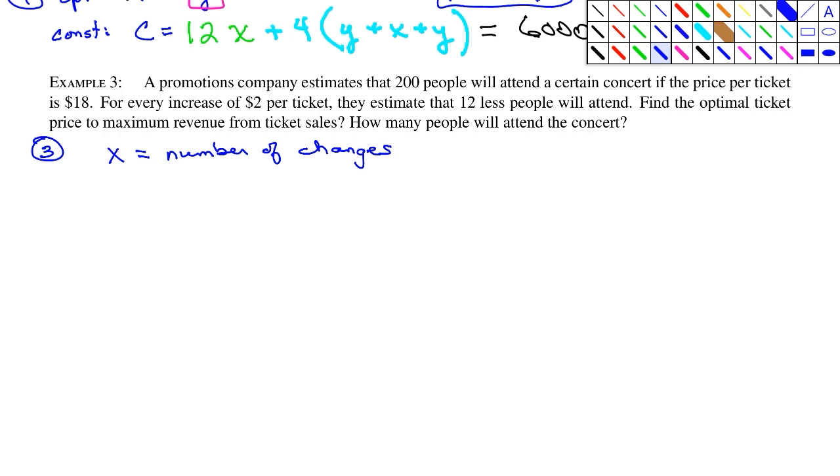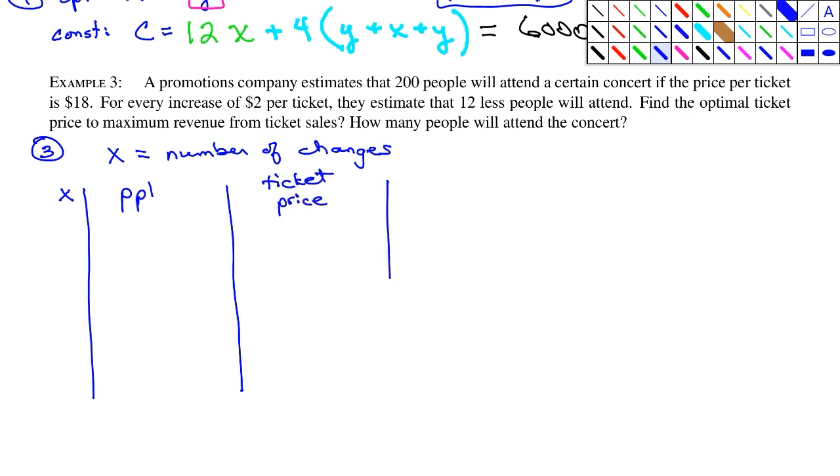Okay, so I'm going to make a little table here, X, and then people, and then ticket price, and then my revenue.